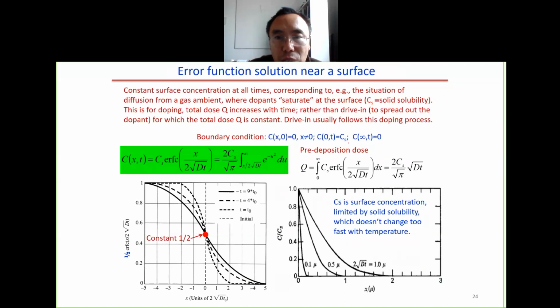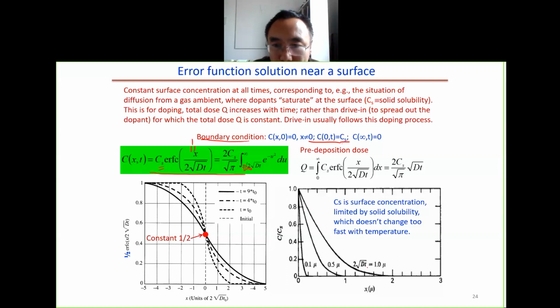You can see here, for t equal to 0, this one becomes infinity, so this one equals 0. When x equals 0, this one equals 1, so we have Cs. Then this will be the solution, because it fits the equation and also fits the boundary condition. So in the end, this is the dopant profile.